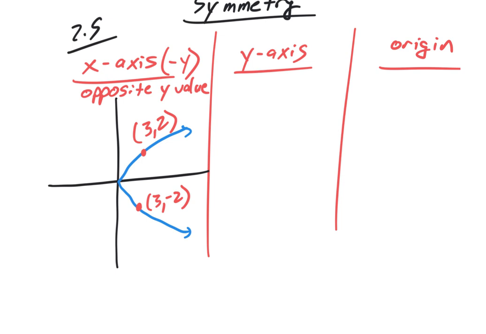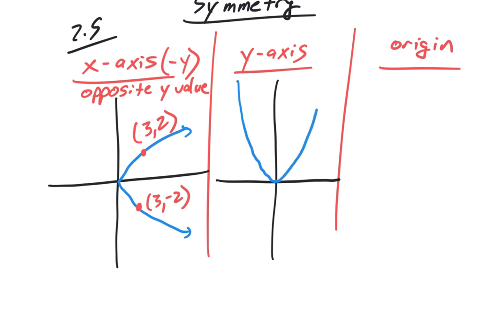If a graph is symmetrical to the y-axis, it will have the opposite x value.